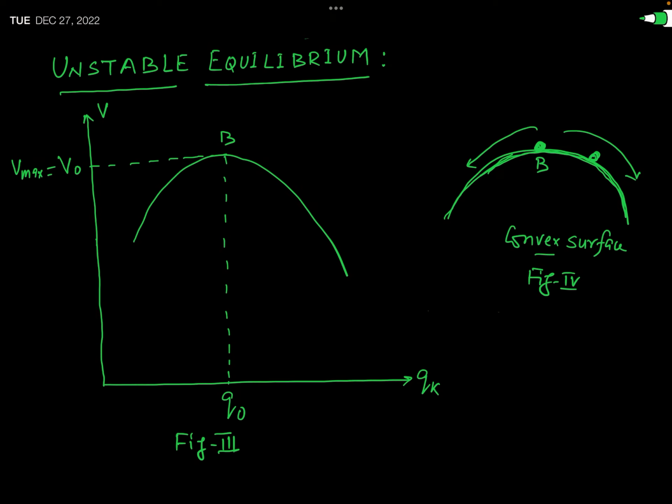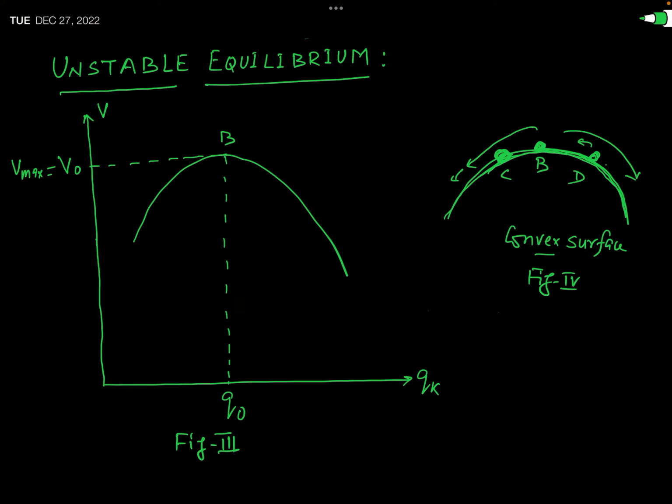This particle, when displaced from position B, will not return back to B, but it will move away from B. And if you displace this particle to this position, let us say C, then it again moves away from position B and never returns back. This is called unbounded motion.